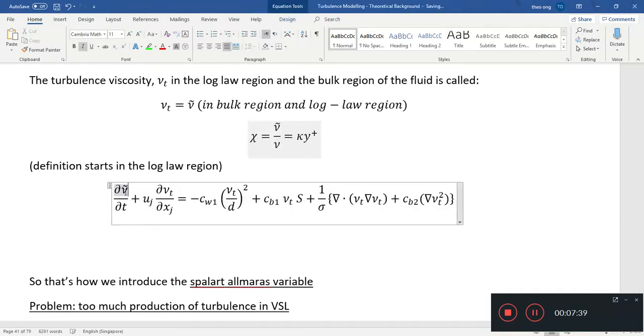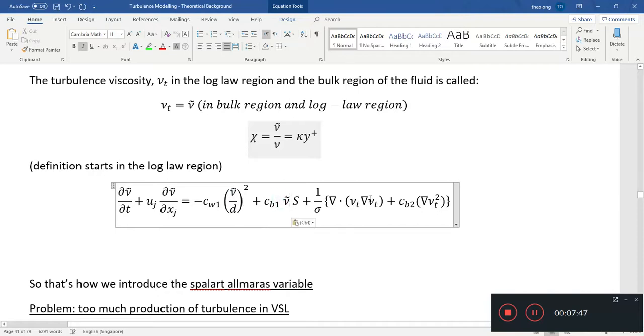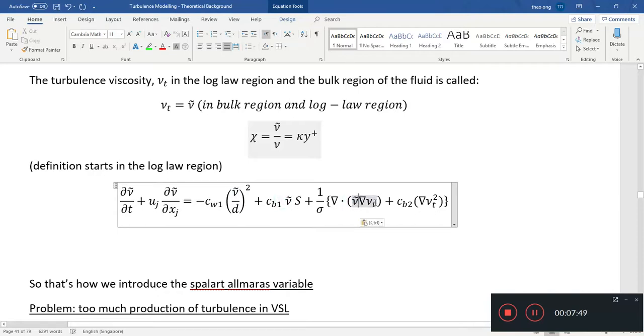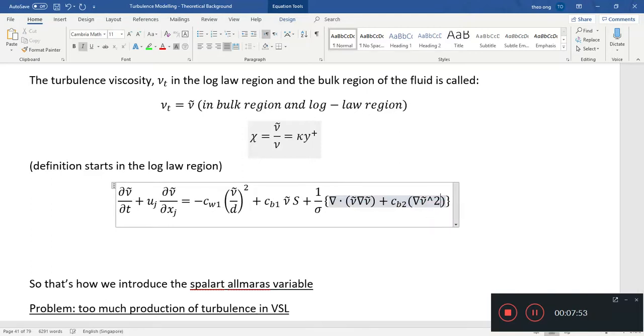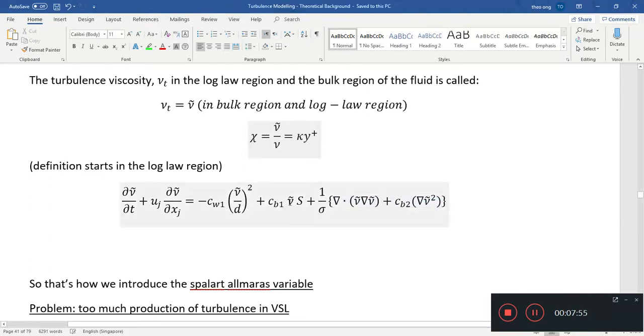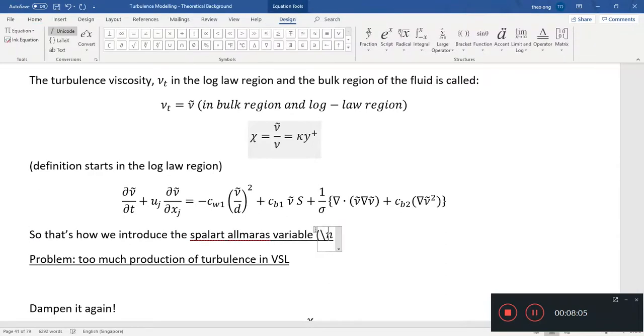Nu tilde is the viscosity in the log law region and the bulk fluid, so we will use nu tilde everywhere in this transport equation. This looks more like our Spalart Allmaras equation. This is the Spalart Allmaras variable nu tilde.